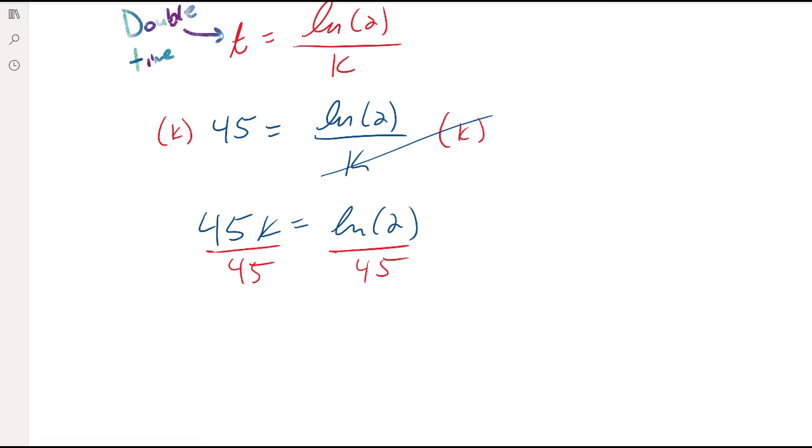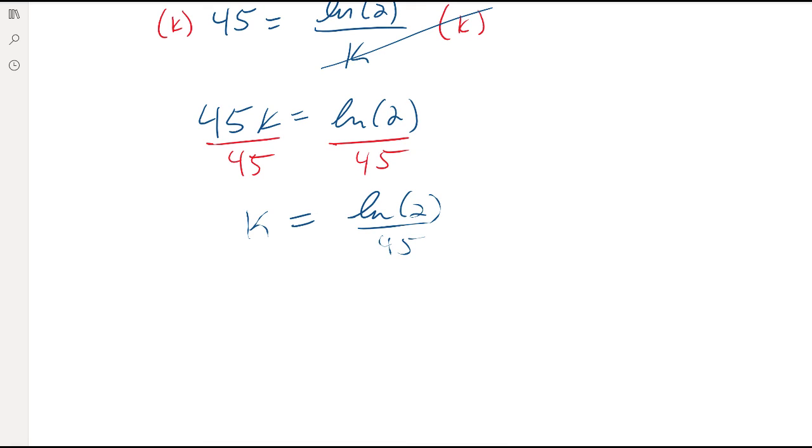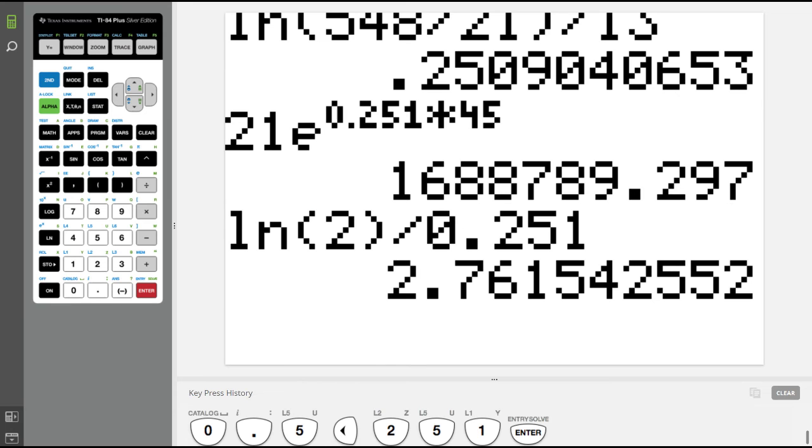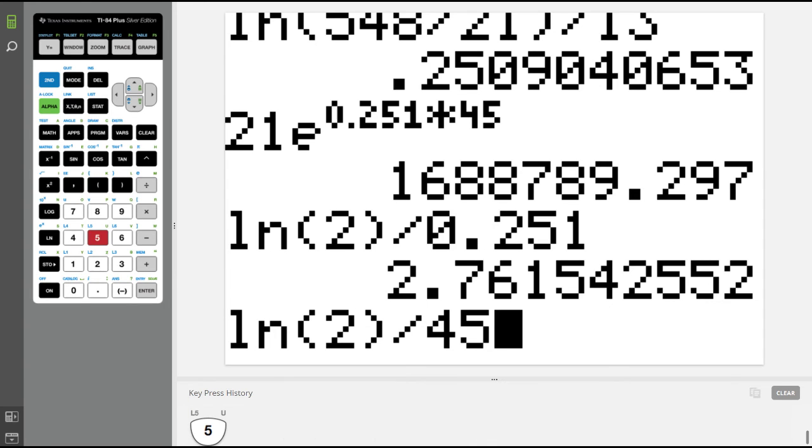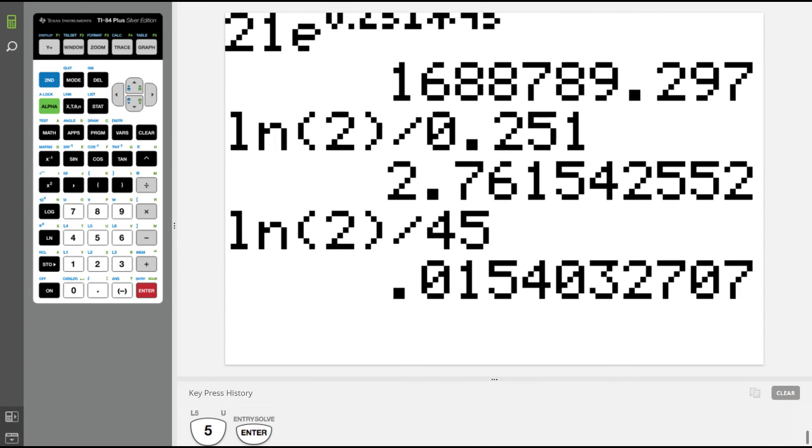And so we get that k is equal to the natural log of 2 divided by 45, which is approximately, let's see, we're going to take the natural log of 2 and divide that by 45. And we get, to 3 decimal places, 0.015.